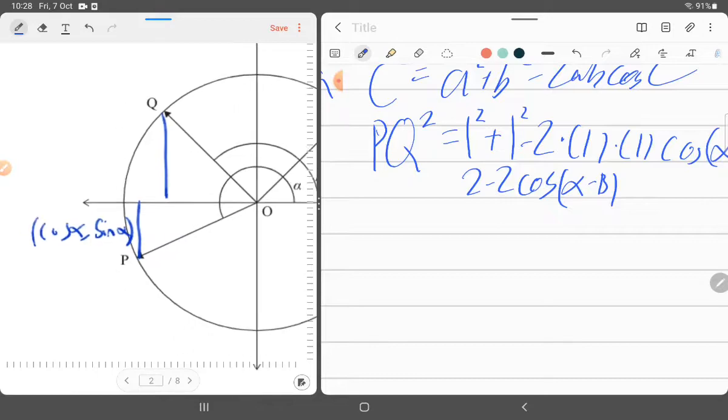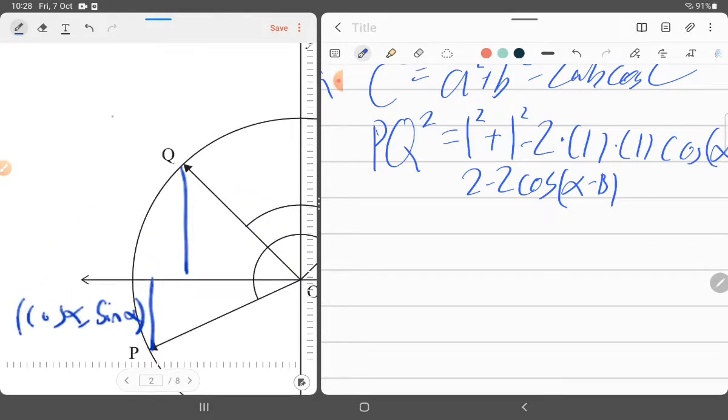Respectively, this other point is also cosine beta, sine beta.